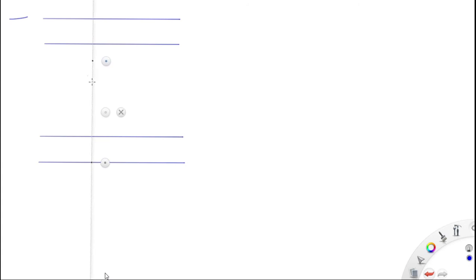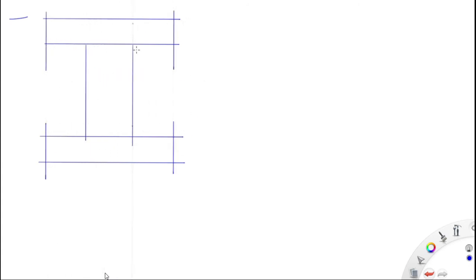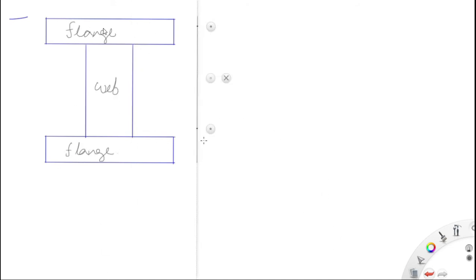Now we will see the shear stress distribution in an I section. So this is the I section, a beam having a cross section of I. The topmost portion is known as the flange, and the vertical one, the mid one, is known as the web. So in the flange and web, what is the shear stress distribution?